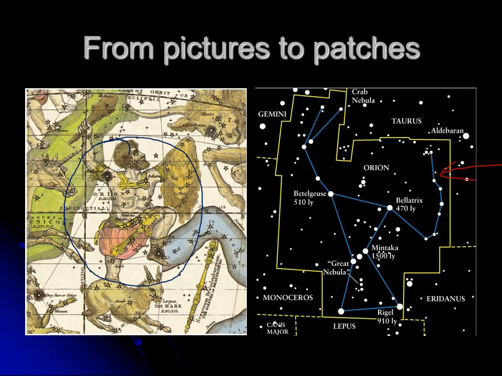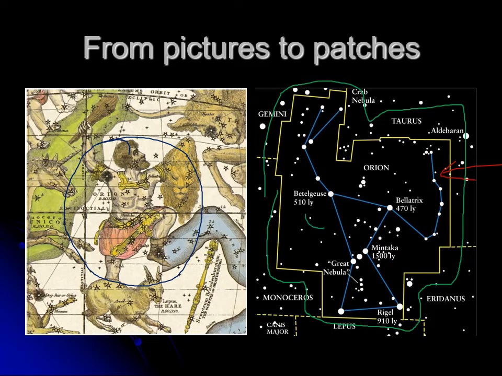What they finally did, though, was in the early part of the 20th century, the International Astronomical Union, which is the only body of professional astronomers that actually has the authority to do this, decided to change what is a constellation and define it by these boundaries and say if you're inside that boundary, you're in Orion. If you're outside the boundary, you're in a different constellation.